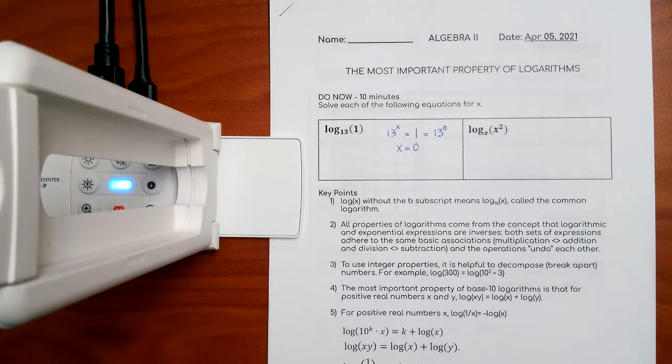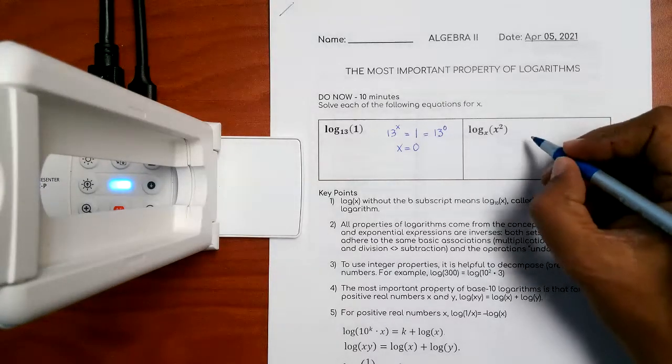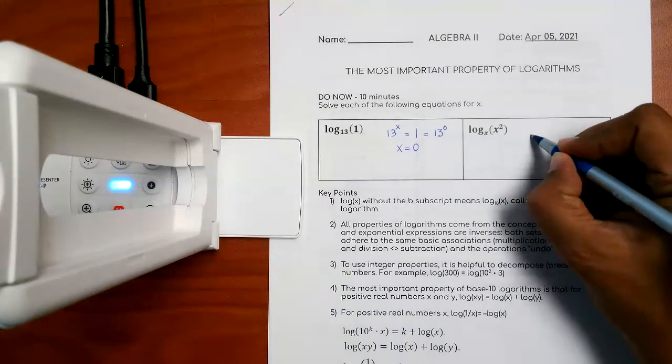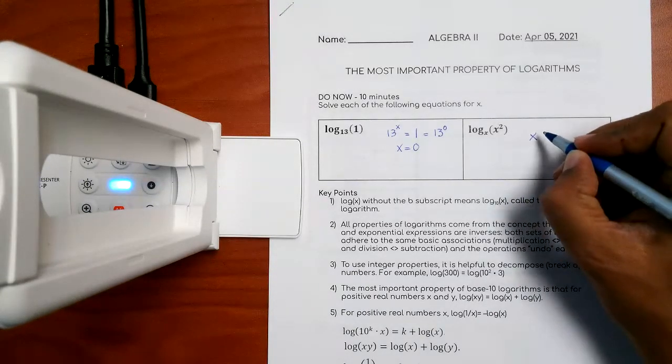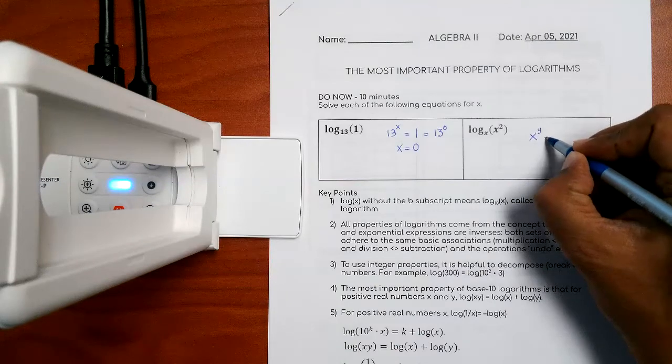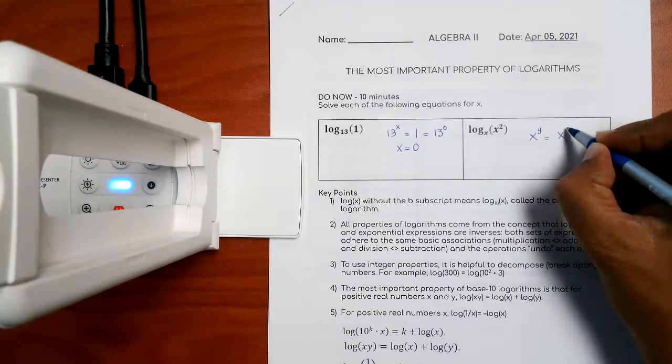And then the second problem we have is that what power of x will give you x squared? Okay, so now we will have x power, let's say this, since this is a different unknown, let's have it as y is equal to x squared.